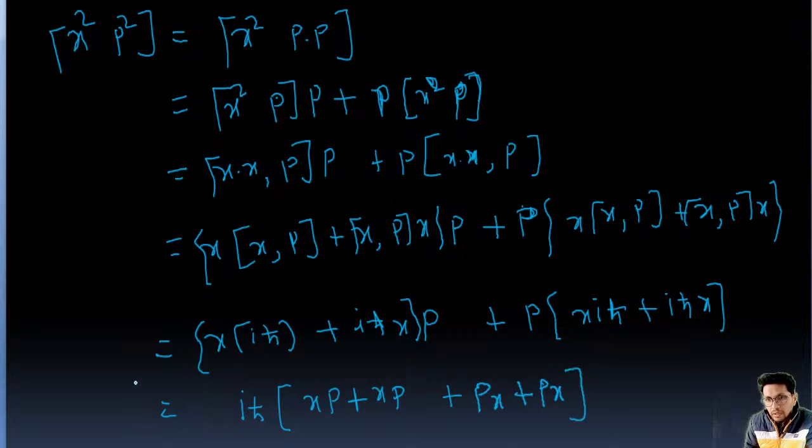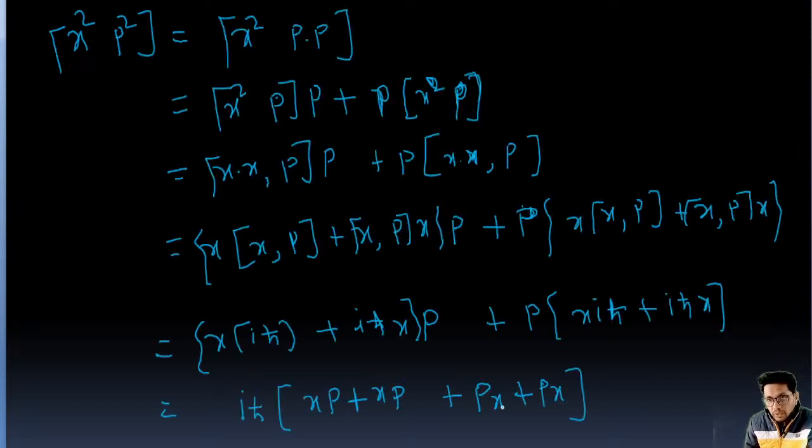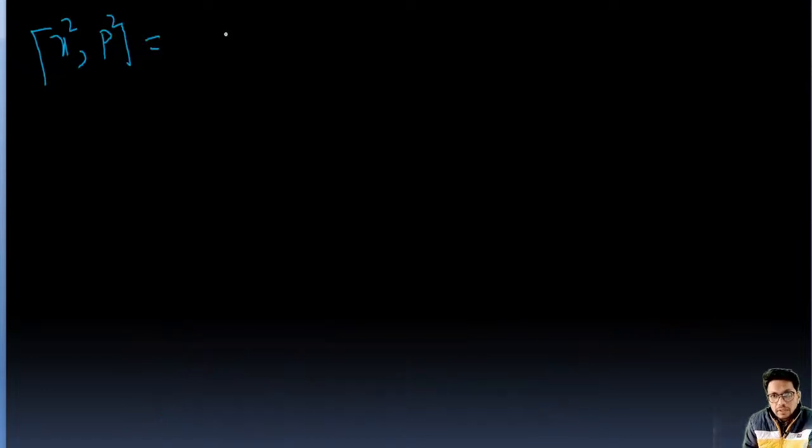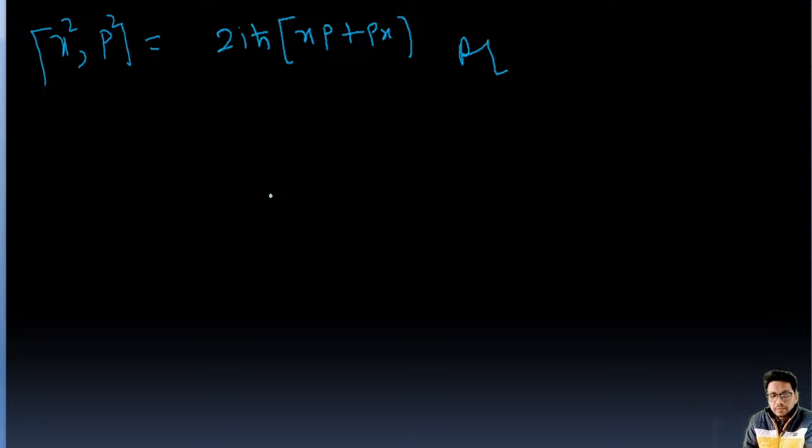So the value of x square comma p square is going to be, these will get added, right? 2xp and 2px. So then it is going to be 2 i h cut common. It is going to be xp plus px. Okay, this is the answer.